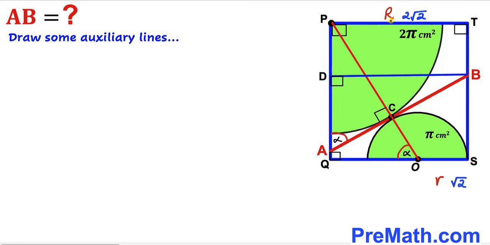So therefore we can see that this PT length and this BD length are equal. In other words, this BD length is going to be equal to the side length of this square.